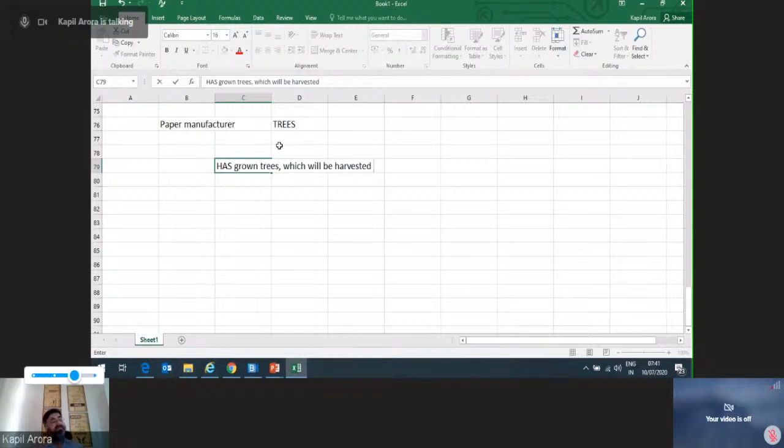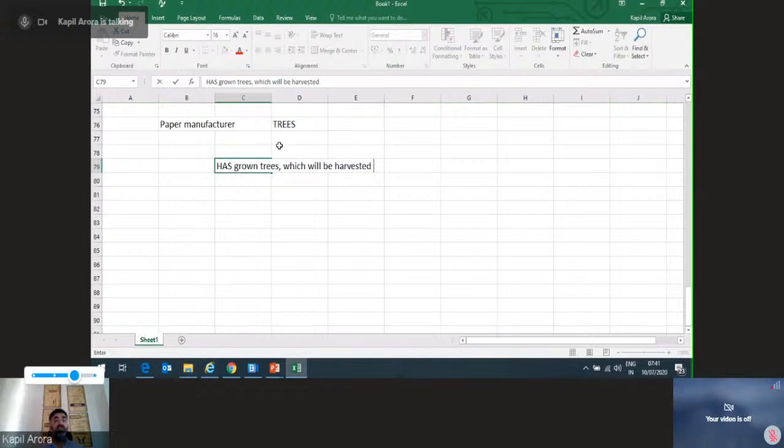in that case it will not be considered as a bearer plant, because my intention is to grow that tree for its use or its harvest, so that I can use it for my paper production or furniture production, or I can sell wood logs to the market.